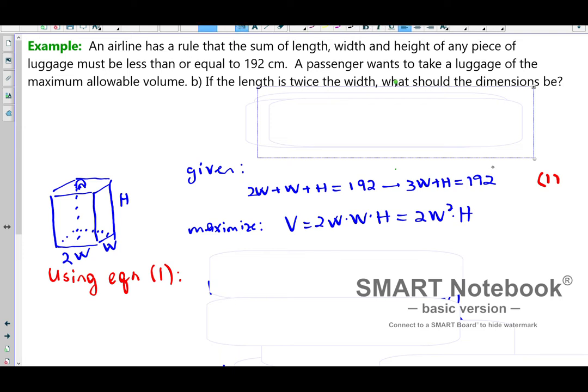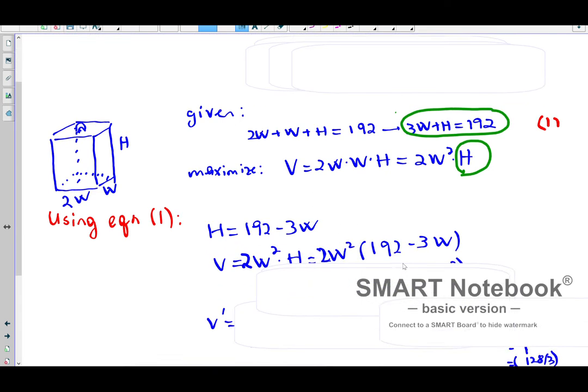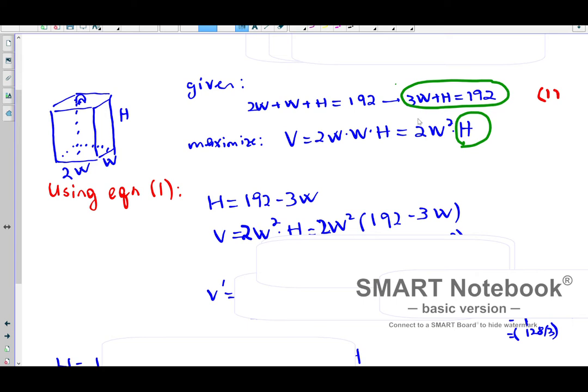So from this equation, you could solve for H equals 192 minus 3W, and then you're going to come here and plug that in for H. So it'll be 2W squared times 192 minus 3W, so this is taking the place of H in the volume equation.